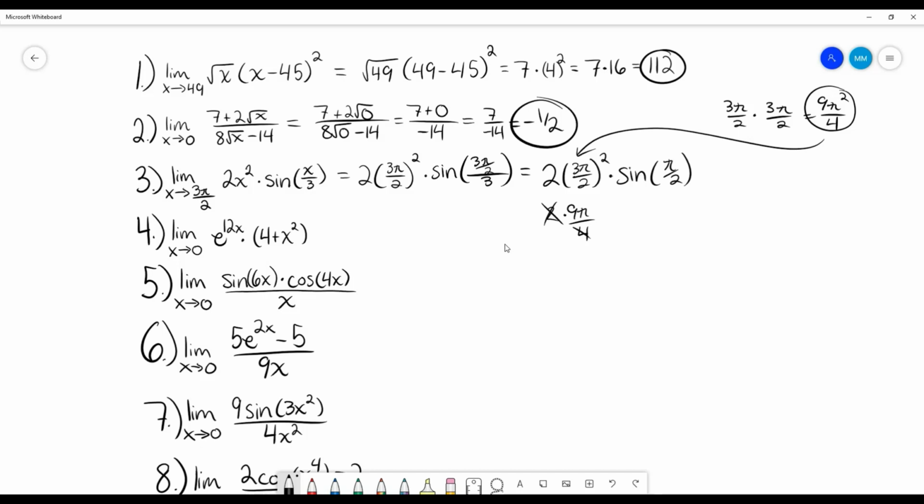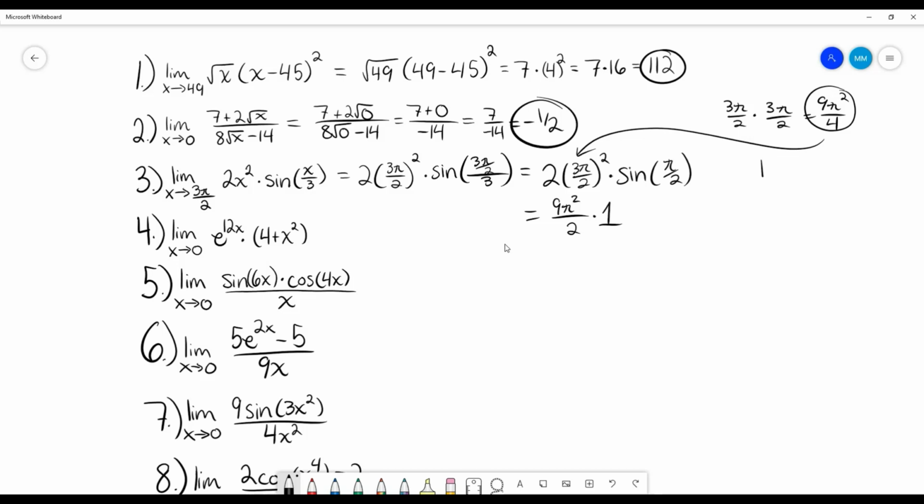And I can cancel these out so I get a 2 in the bottom now, right? Because this 2 over 4 is going to turn into a 1/2. So we get 9 pi squared over 2 times sine of pi over 2, which is just 1, right?